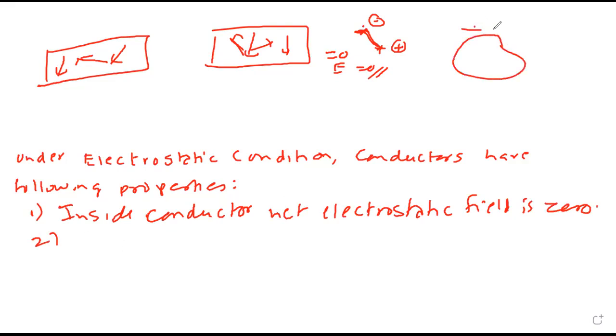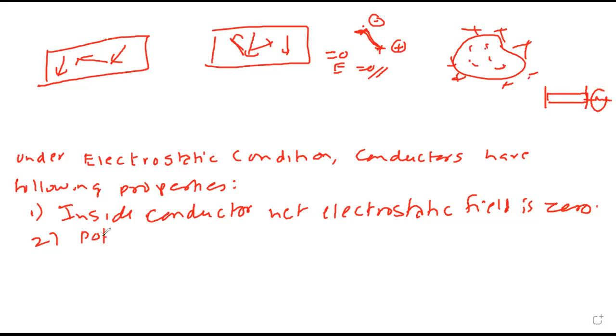Potential anywhere on the outside of the conductor and inside, is it the same or different? Like this is one wire, so the potential here, same or different? Same. If resistance comes, then there will be a drop.